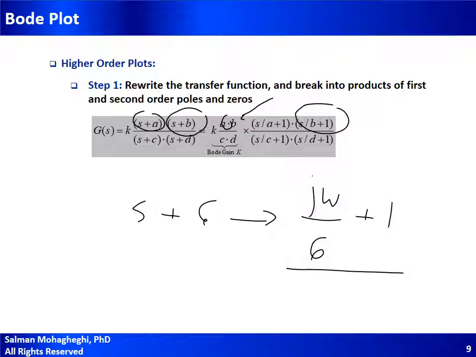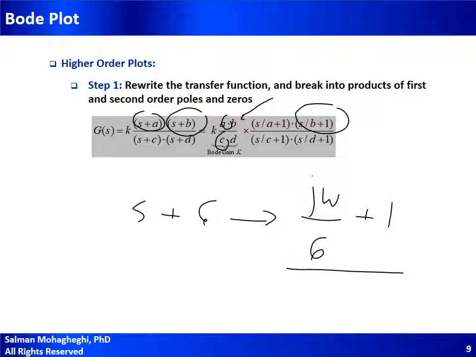So s plus c becomes s over c plus 1, however, multiplied by c. Again, I take c and I include it in the DC gain. Likewise for d. So the DC gain in this particular system is going to be K times a times b divided by c times d. And then I have a bunch of terms that are essentially in the standard format that we usually use for Bode plots.